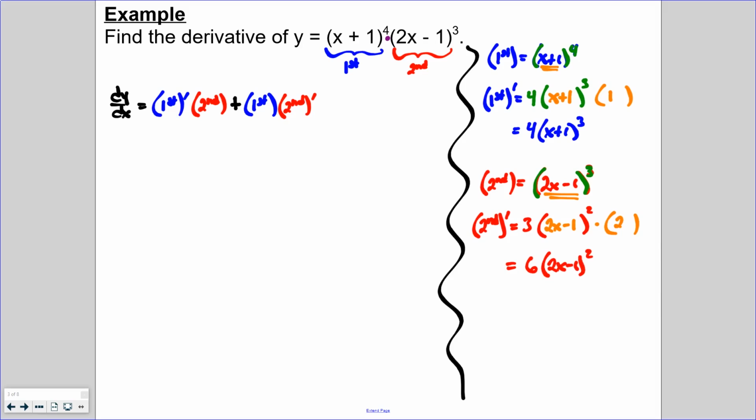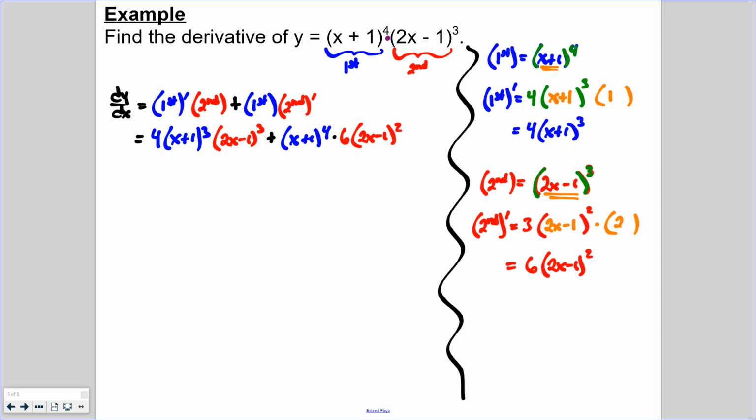And now we can just throw all this together. So let's see, we said the derivative of our first function is 4 times (x plus 1) cubed times the second function, which is (2x minus 1) cubed, plus our first function, which is (x plus 1) to the fourth, and then we have times our derivative of the second, which is 6 times (2x minus 1) squared.